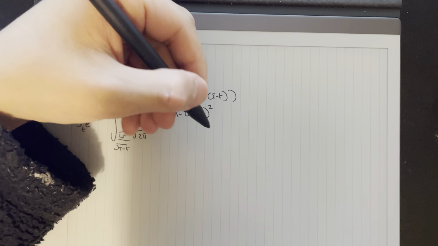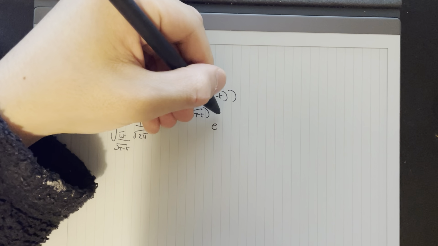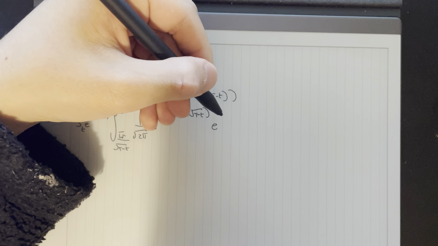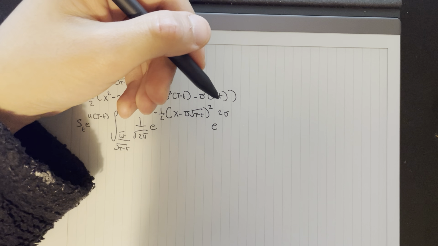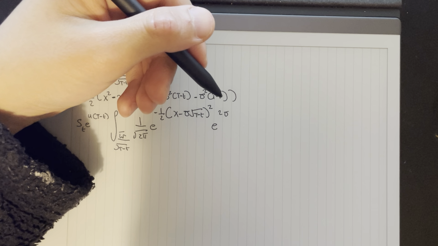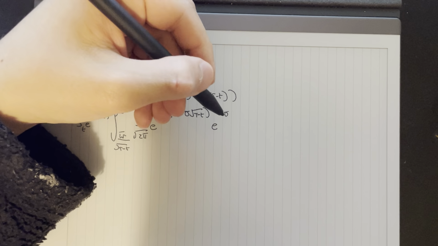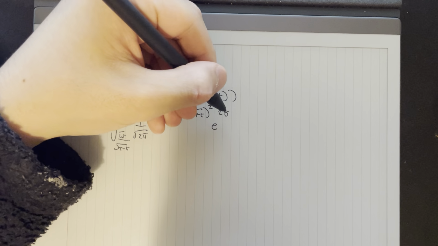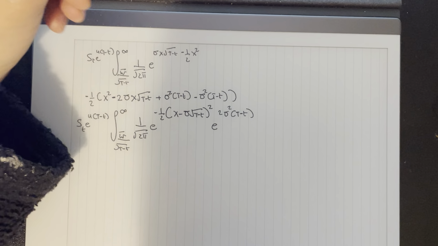And that will cause it to become e to the power of 2 multiplied by sigma multiplied by sigma squared T minus little t.